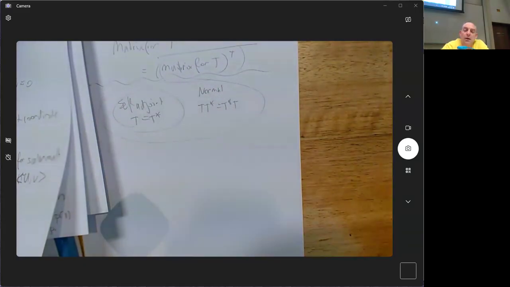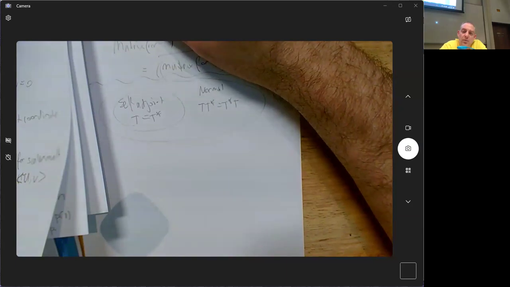Okay, and singular value decomposition is an attempt to do this, but not for operators, so for things that go from V to W instead of going from V to V.